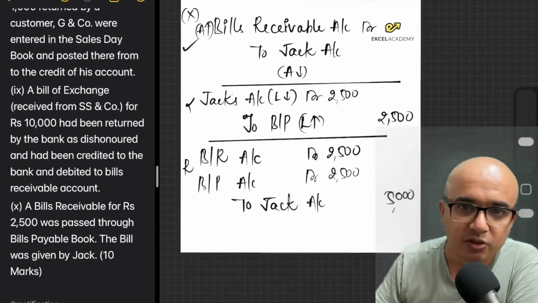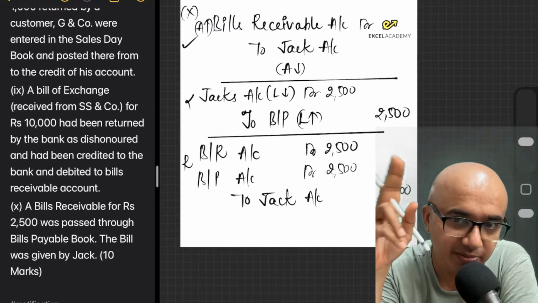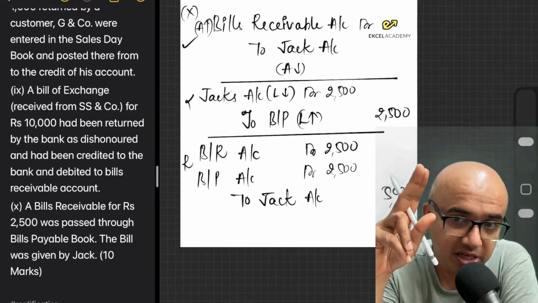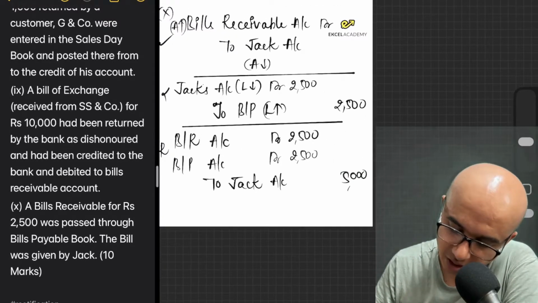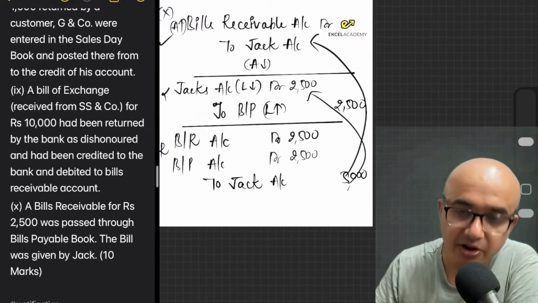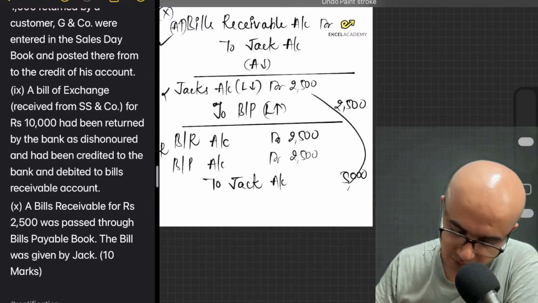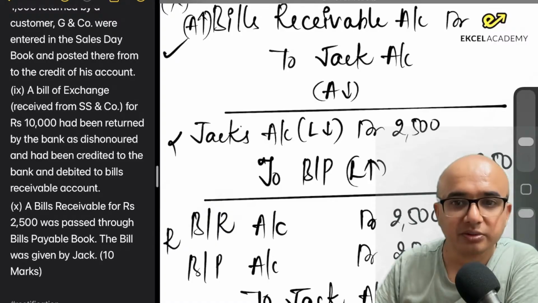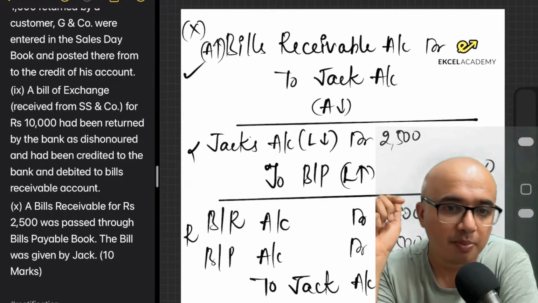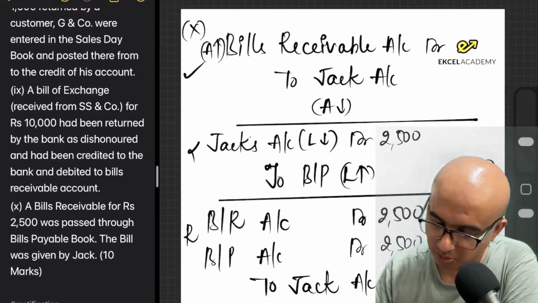That's it. So now it makes sense, because Jack account was earlier debited wrongly by 2,500. So out of this 5,000, half will go to rectify this wrong debit, and other half will go to give that right credit to Jack's account. So yeah, that's about it with respect to this particular problem. Let's move on to the next problem.